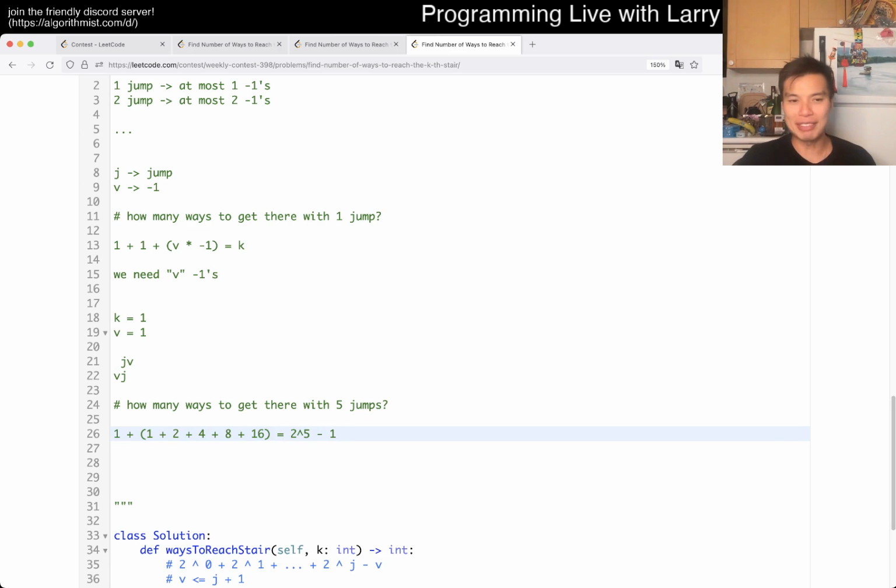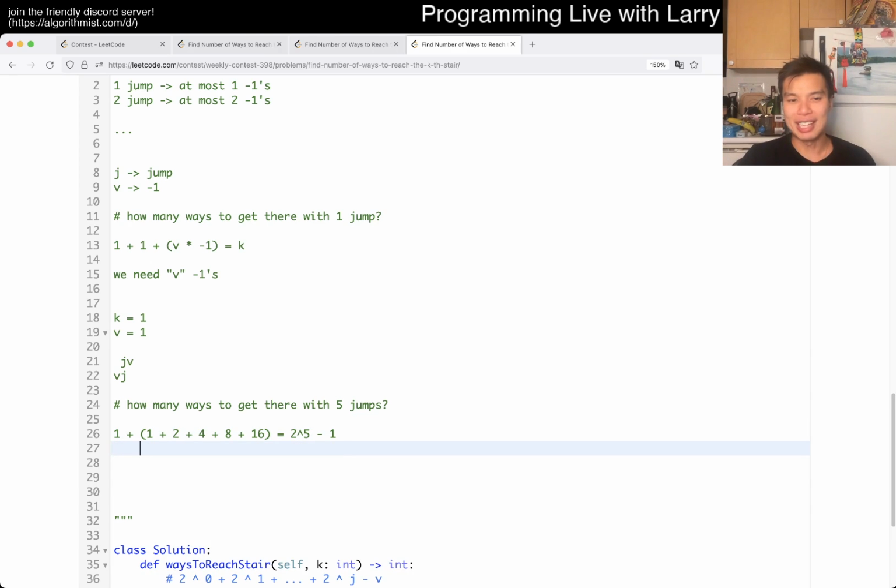You can also think about this in binary, right? This is 1, this is 10 in binary, this is 100, 1,000, 10,000. So this is 1, 1, 1, 1, 1, which obviously is just 2 to the 5th minus 1, right? Pretty straightforward, hopefully.